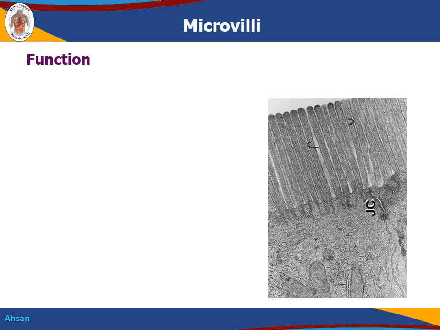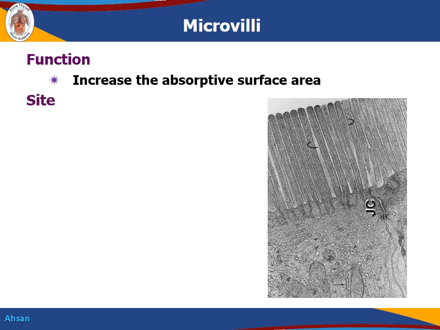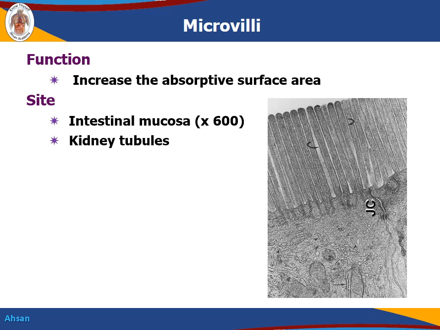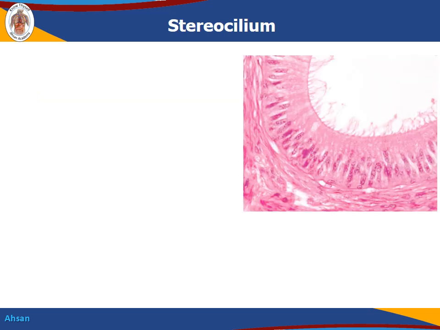The function of the microvilli together is to increase the surface area, so the absorptive surface area is increased. In the intestine this increases the area about 600 times. In the kidney tubule, the microvilli increase the surface area for reabsorption of the filtrated fluid.